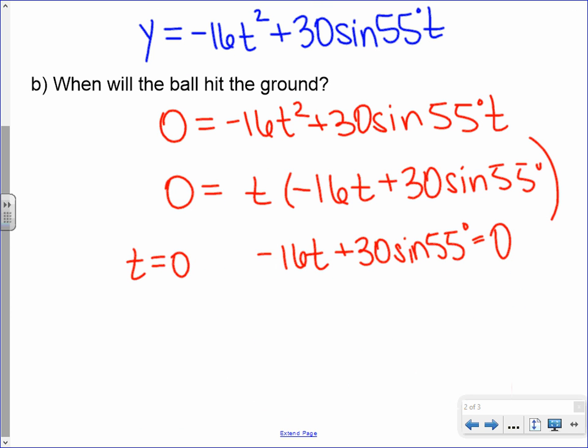Okay, so you're solving this equation right here. You need to know what 30 times the sine of 55 is. You move that over, divide by the negative 16.